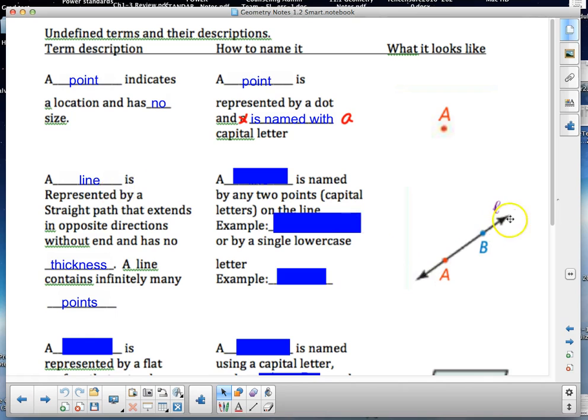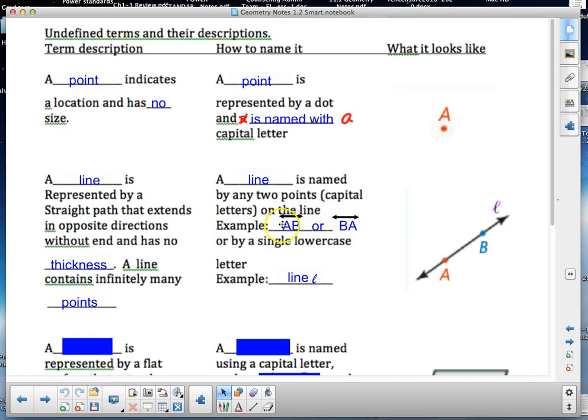Now we have a representation of a line here, and we're going to talk about how it's named. A line is named by any 2 points, capital letters, again, because those points, capital A, capital B, represent the 2 points on the line, and we can use them to help us name it. But to be more specific, we'll use a symbol that represents a line on top of that. So look at this, a capital letter on the line.